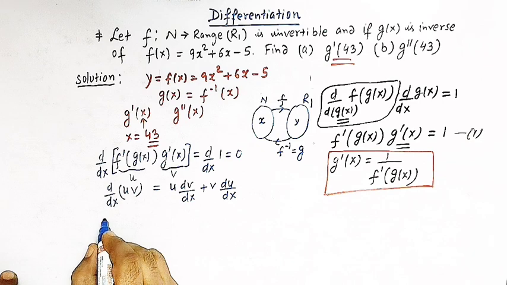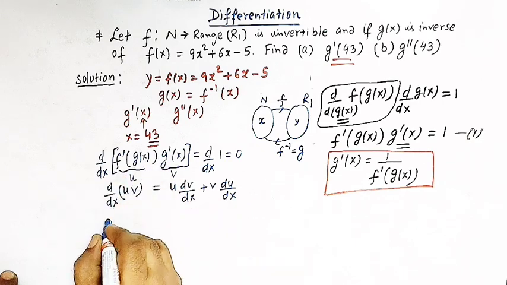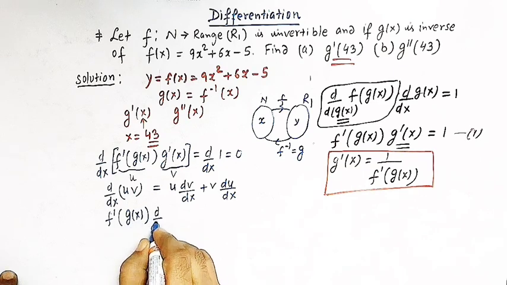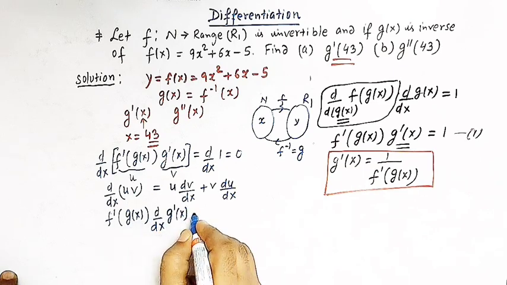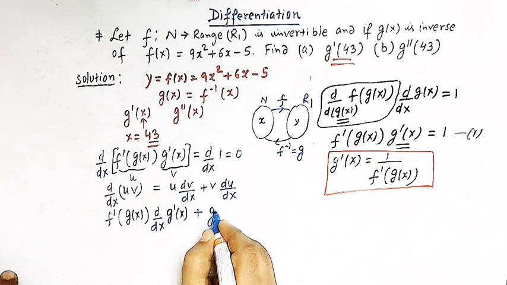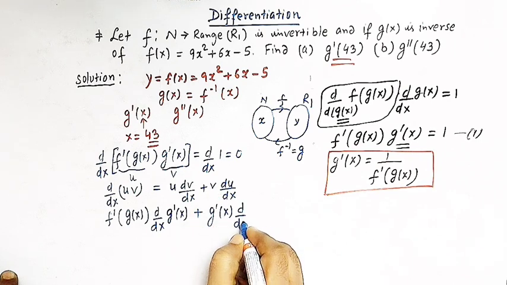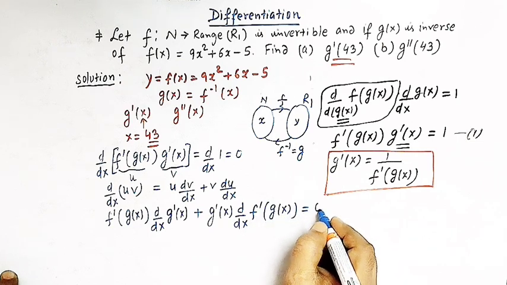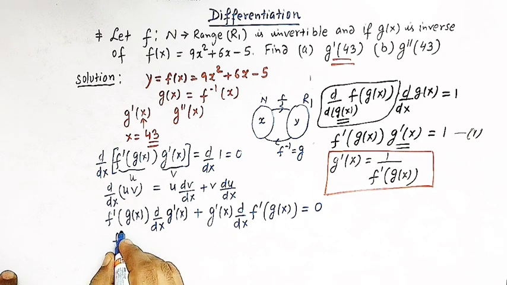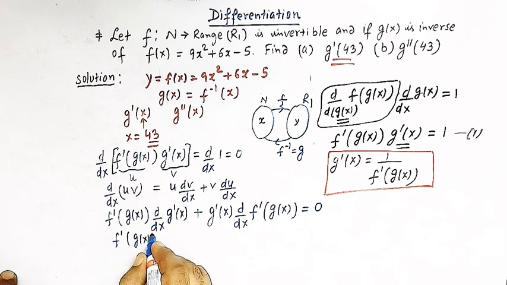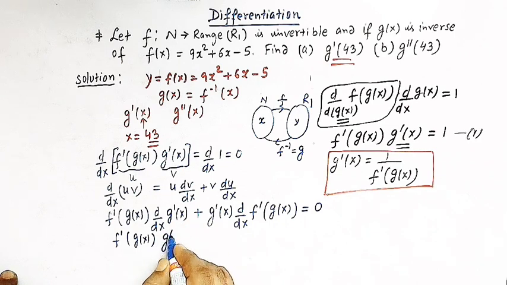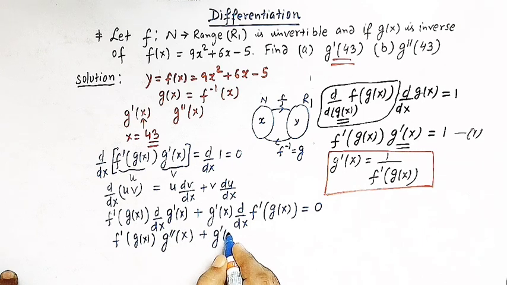So here we can now use this result. We have f prime of g of x times the derivative of g prime of x, plus v is g prime of x times the derivative of f prime of g of x, and this is equal to 0. Now we can write f prime of g of x, and the derivative of g prime of x can be written as g double prime, because this is the second derivative, and then we have g prime of x.